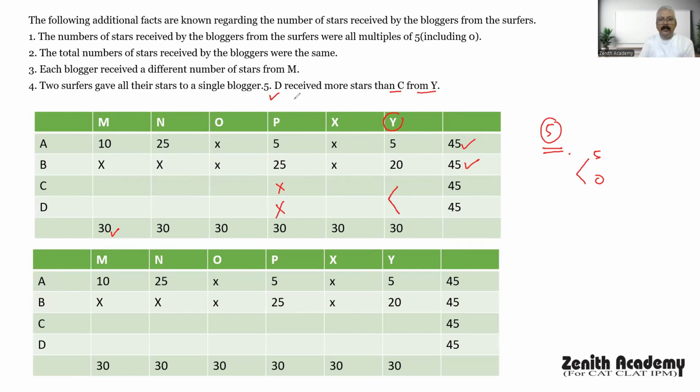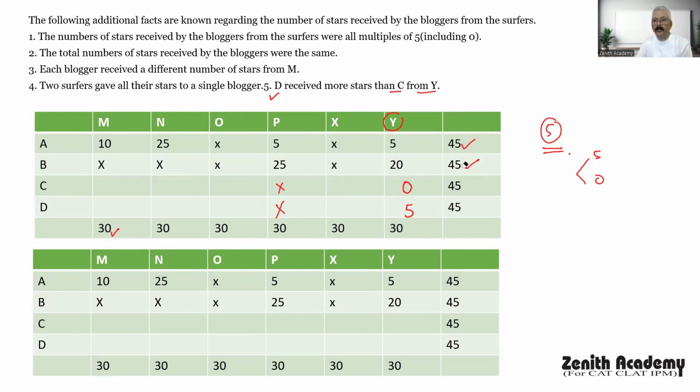Since D received more stars than C from Y, it means Y will give 0 to C and all 5 stars to D. Correct? So this point is clear.